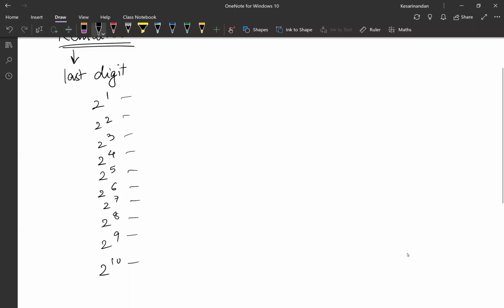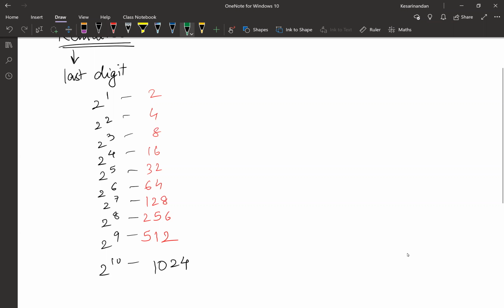Yes, perfect. So can you guys look at the pattern of the last digit? What is that pattern? It is repeating, 2486, 2486.